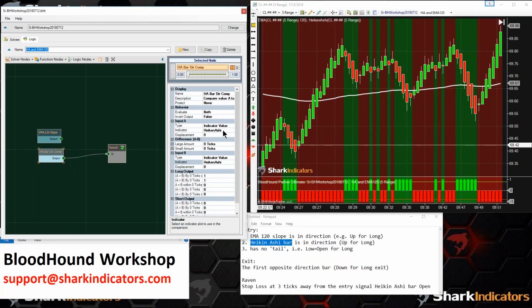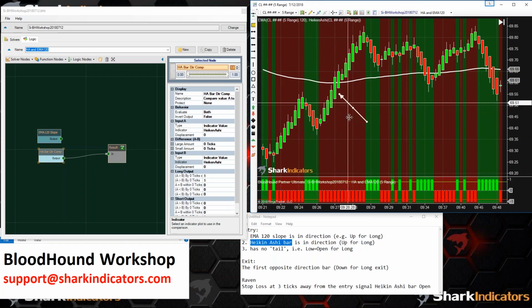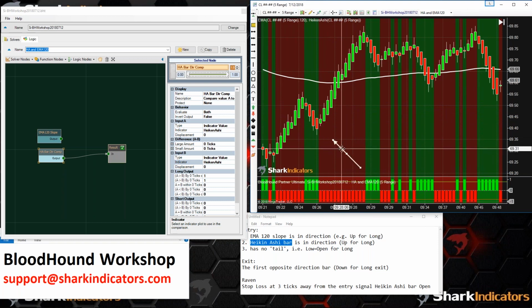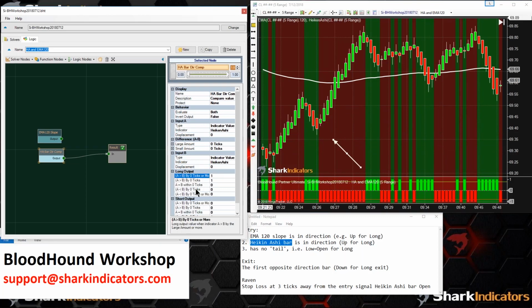All right, so as we're looking at this comparison solver, let's see here. Actually, I need to reverse things here. If you noticed, right? When we have green up bars, BloodHound's giving us a short output here. So that simply just means I can do two things. I could either reverse my output, or I can reverse my inputs here, right?